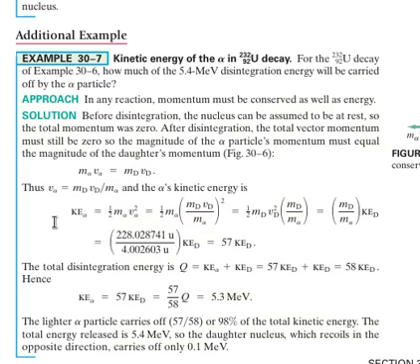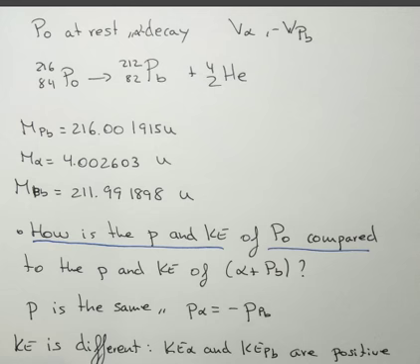You can compute the kinetic energy of one with respect to the other just by plugging in the formulas, due to the conservation of linear momentum, and you get the formula that the kinetic energy of the alpha particle equals the ratio of masses times the kinetic energy of the daughter particle. Okay, so this is very interesting.